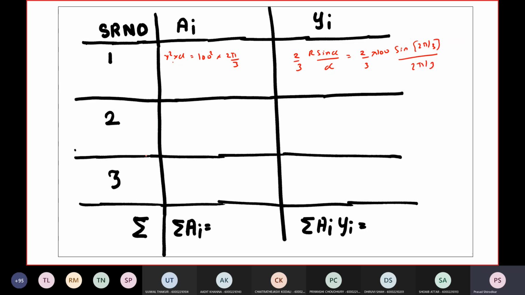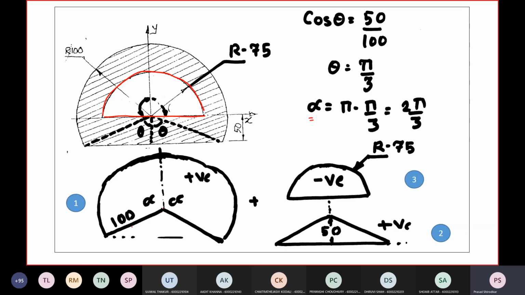For the triangle area, take half base, and this is 100, this is also 100, and this angle is 60 degrees, so this will be 30 degrees.